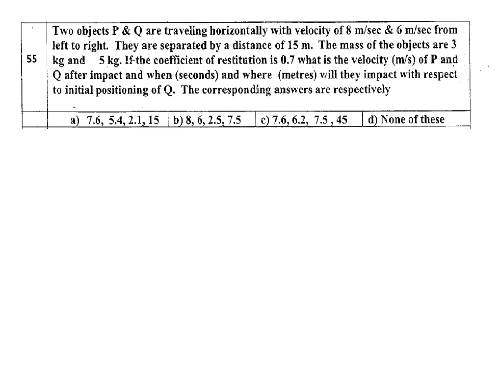So it's a collision question, impact collision. Two bodies, P and Q. Take P as body 1, Q as 2. So initial velocity of P, U1, is 8 meter per second. For Q, U2 is 6 meter per second.